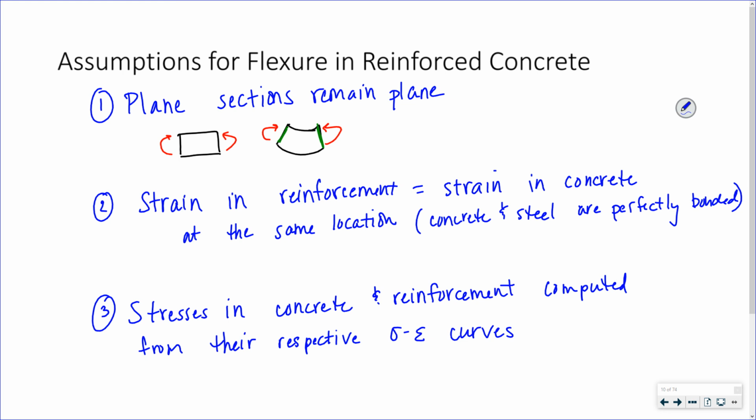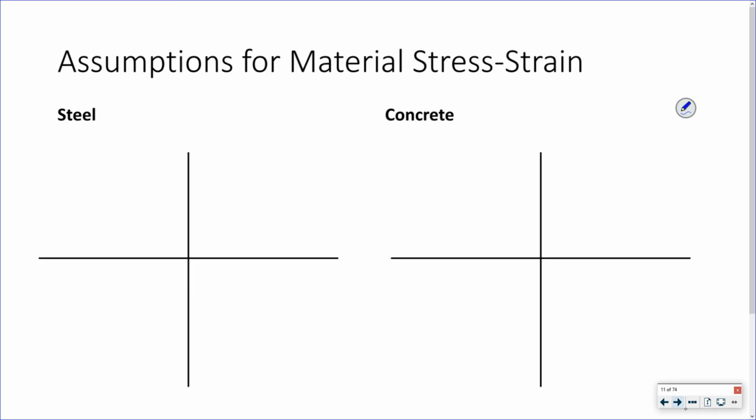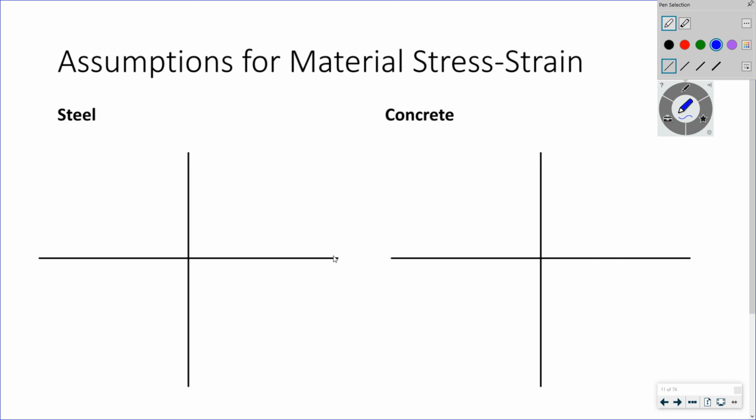So let's look at what those stress strain curves look like. If you all remember, steel is this lovely material, right? If this is my stress strain curve, steel is this lovely material that we're going to assume is elastic, perfectly plastic. So elastic, perfectly plastic.